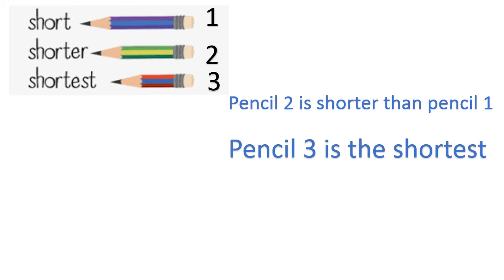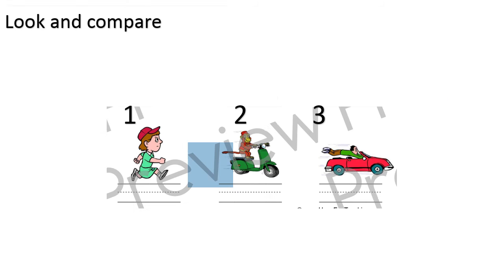Here we use a superlative form. Pencil 3 is the shortest. It is the shortest pencil of all. Now it's your turn to practice. Look and compare picture number 1, picture number 2, and picture number 3.